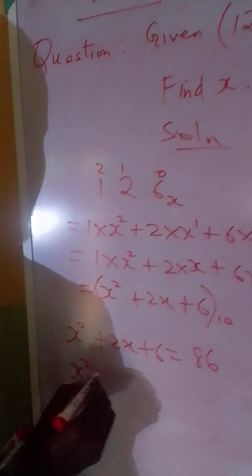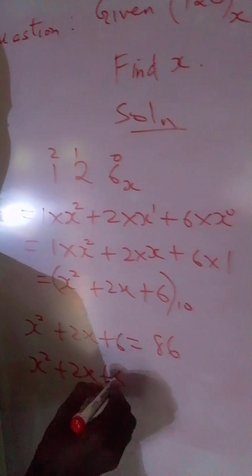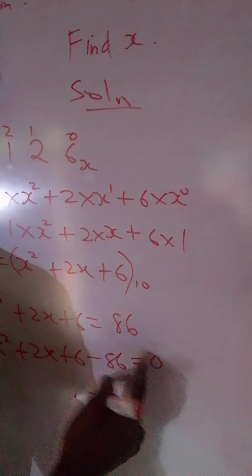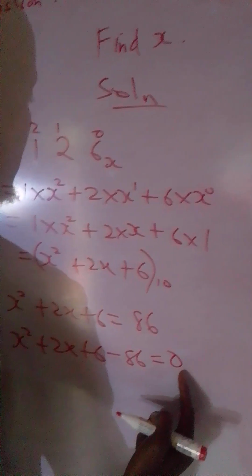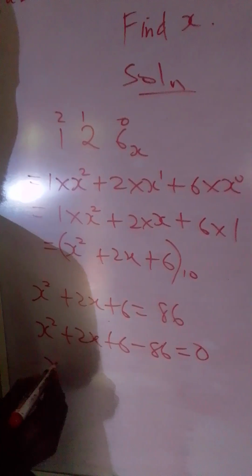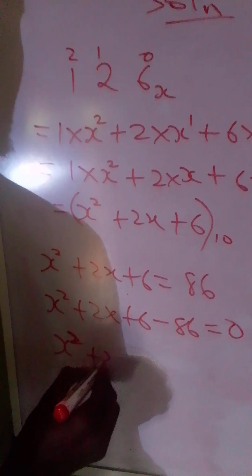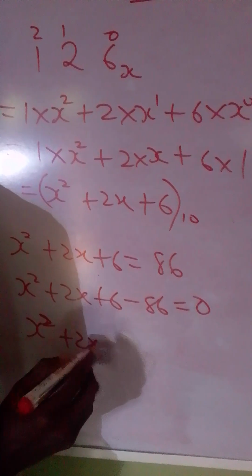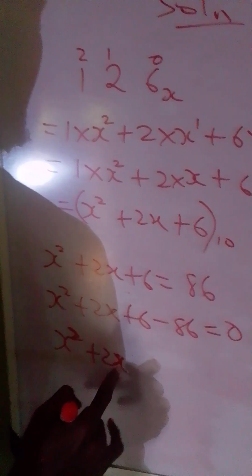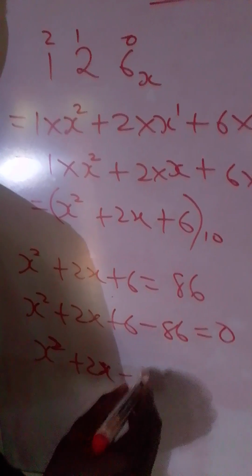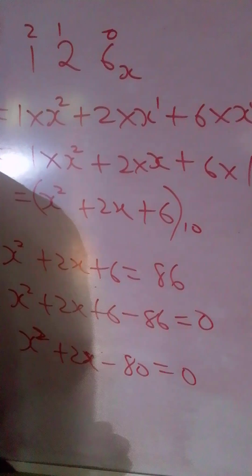I have x squared plus 2x plus 6 minus 86 equal to 0, because nothing is left at the other side of the equation. So x squared plus 2x, then plus 6 minus 86 will give us minus 80, equal to 0.